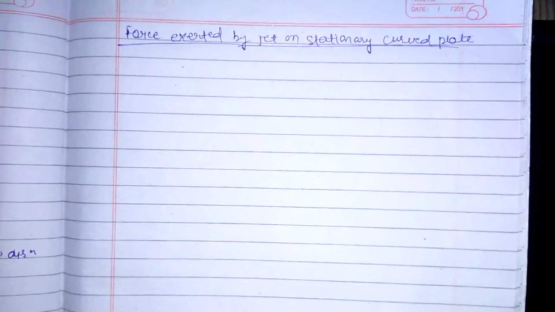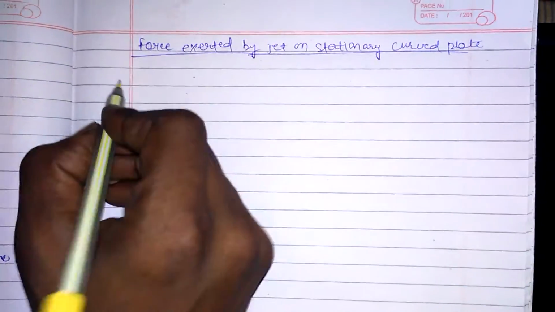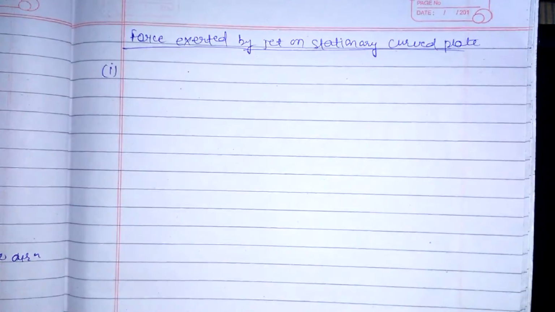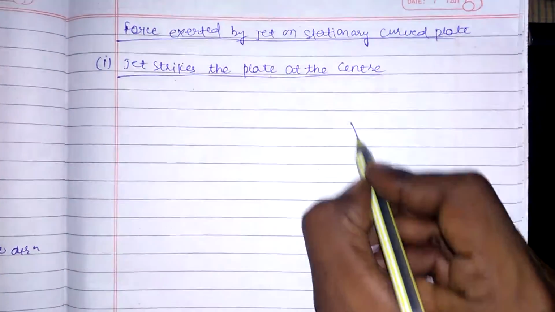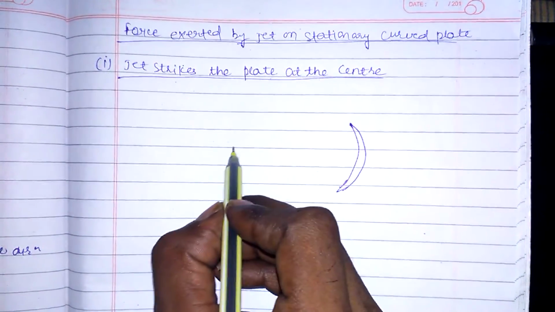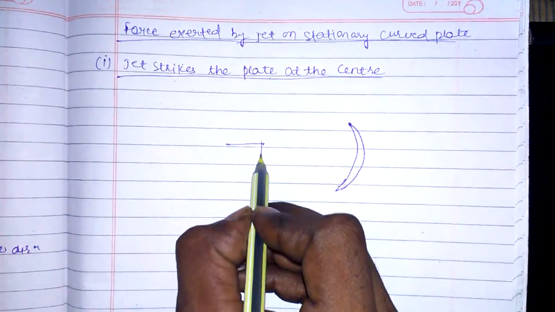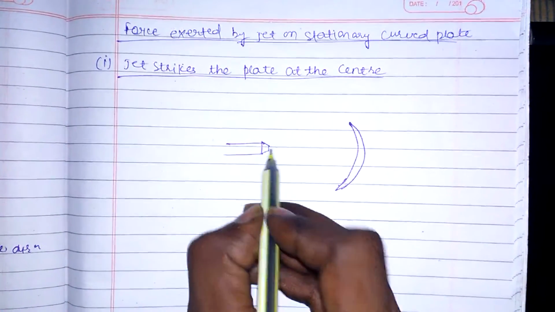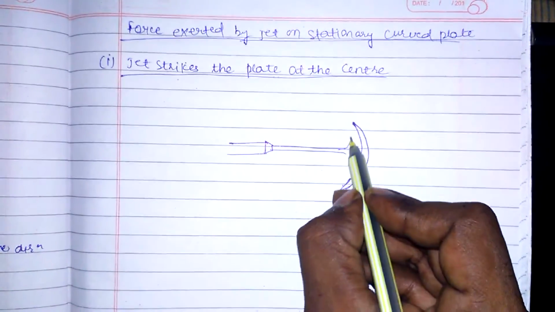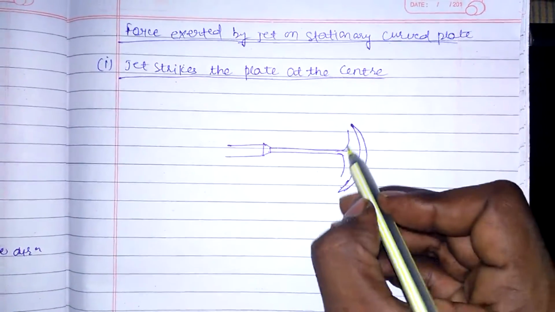Now let us see the force exerted by a jet on a stationary curved plate. I'll take the case first when the jet strikes the curved plate at the center. Let us consider a plate and a jet of water. When it strikes, it will deflect in this direction and this direction.